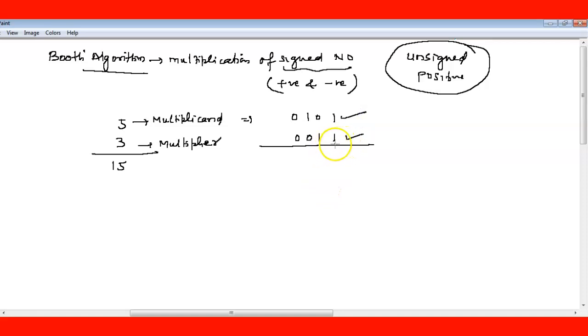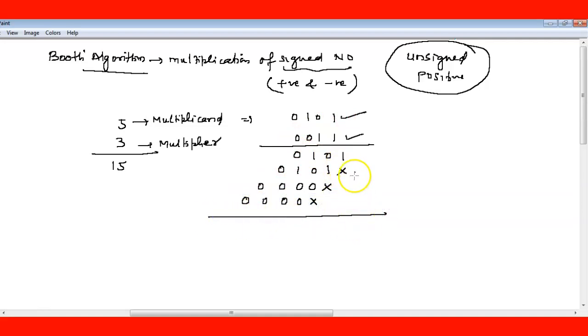Just do the multiplication like we did in the paper and pencil method, which we learned in school. 1 into anything is 0101. 1 into again gives 0101, with a shift, which we already studied. 0 into anything is 0000, and 0 into anything is 0000. After adding, we get the final result, which is also 15.